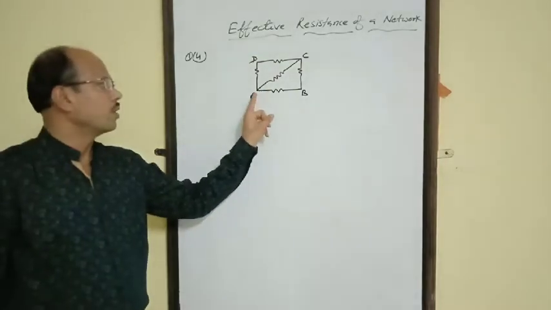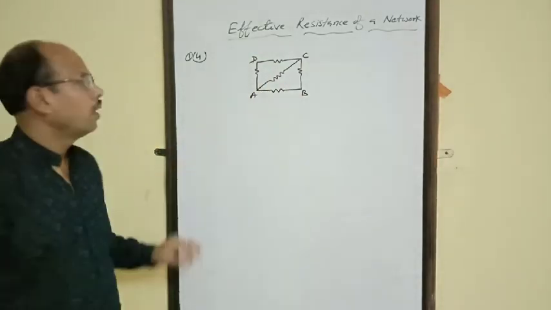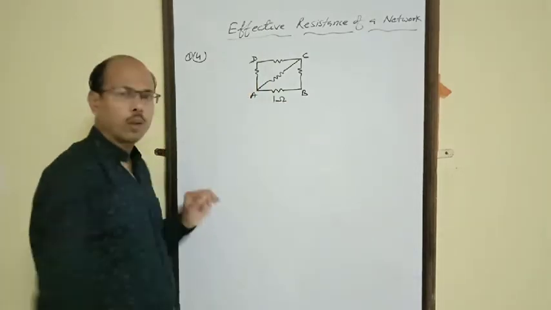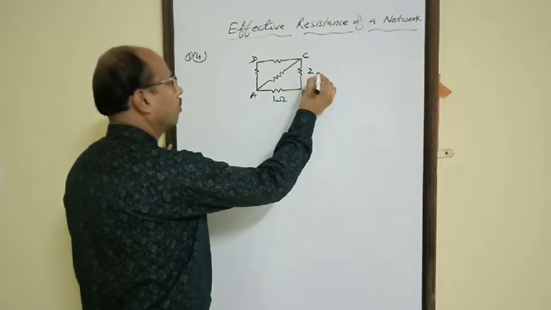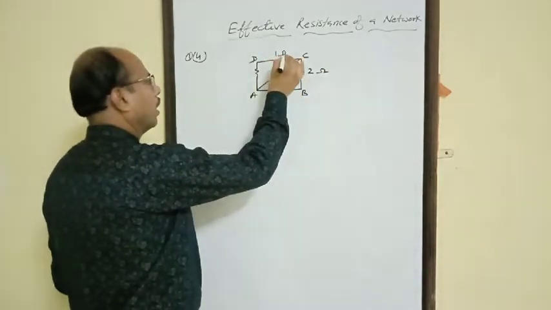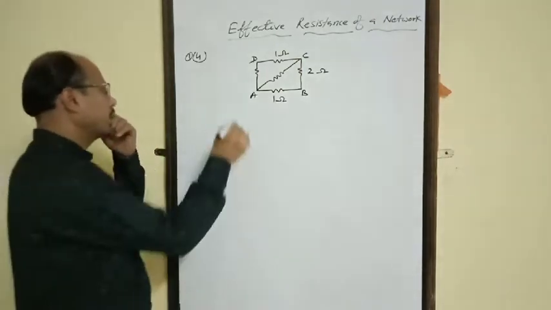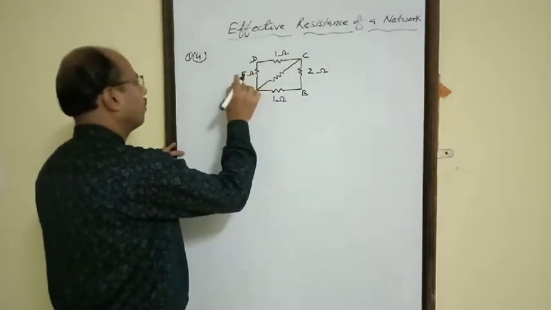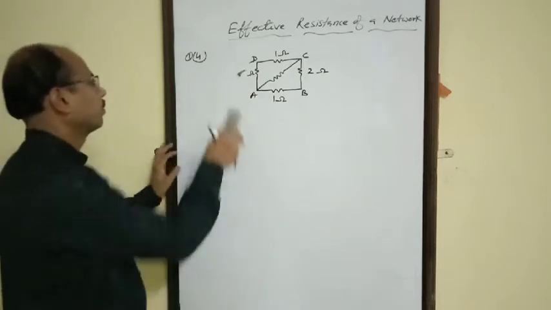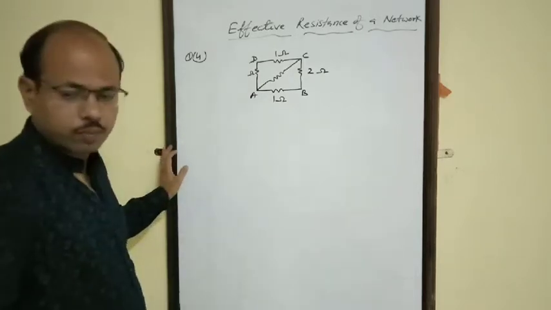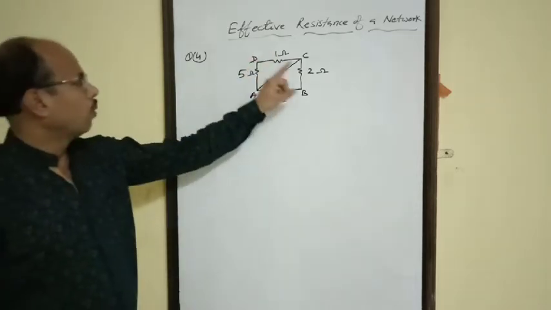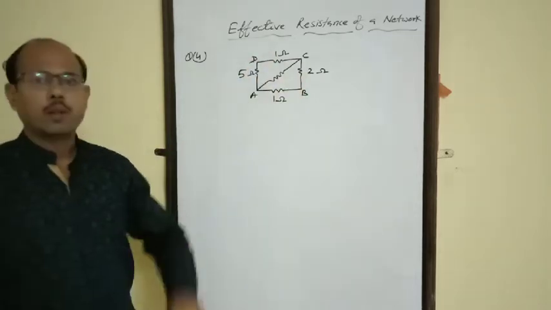Here are the 4 points A, B, C, D, and there are 5 resistors. Let us suppose this is 1 ohm, this is 2 ohm, this is again 1 ohm, and this is 5 ohm.